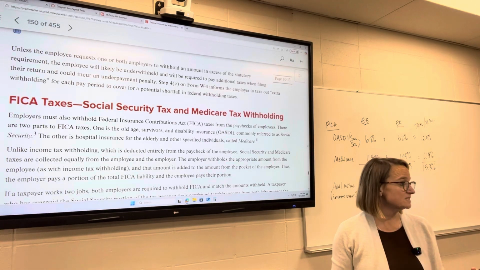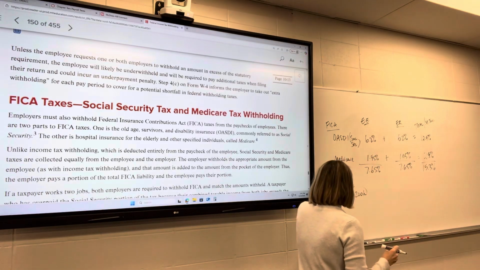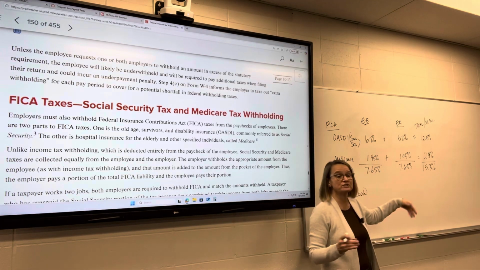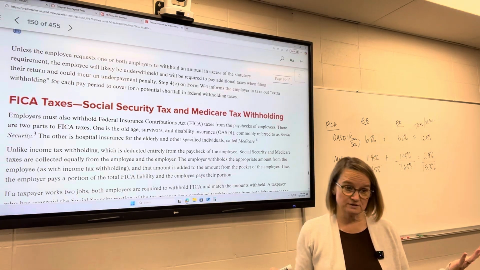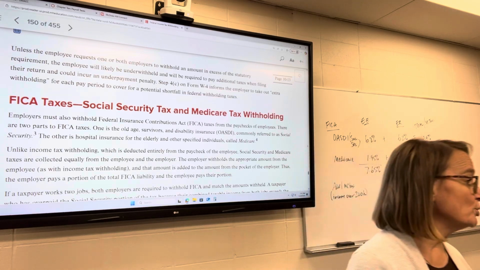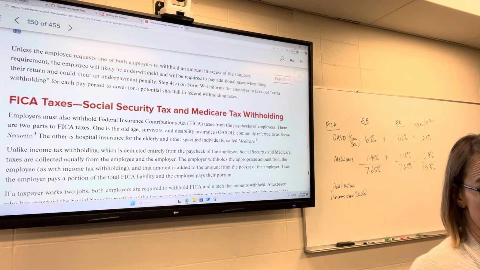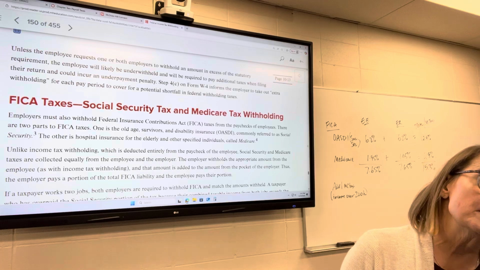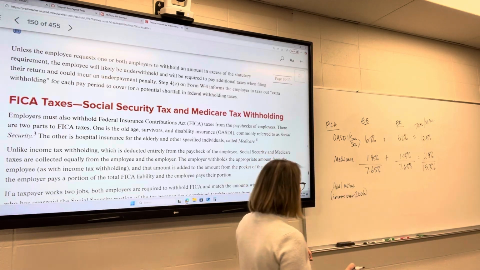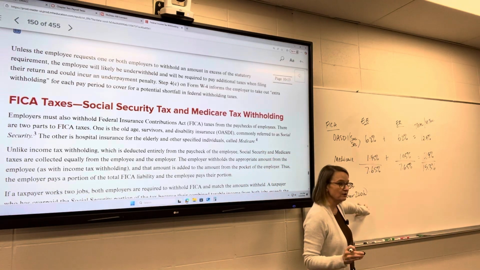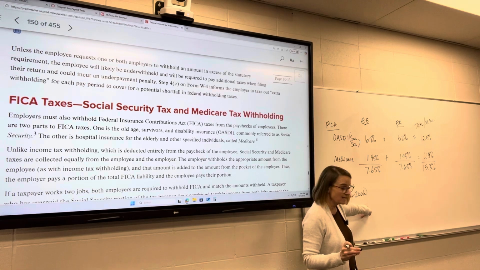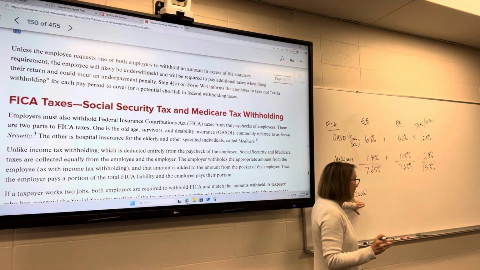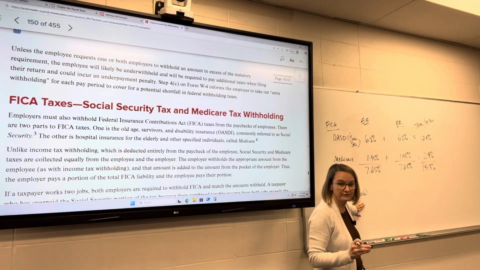So if you're married filing separately, your additional Medicare tax actually starts to kick in at $125,000. If you're married filing jointly, it doesn't kick in until $250,000. But for payroll purposes, this is for single and head of household, all the other filing statuses. For payroll purposes, this is the threshold that they use.